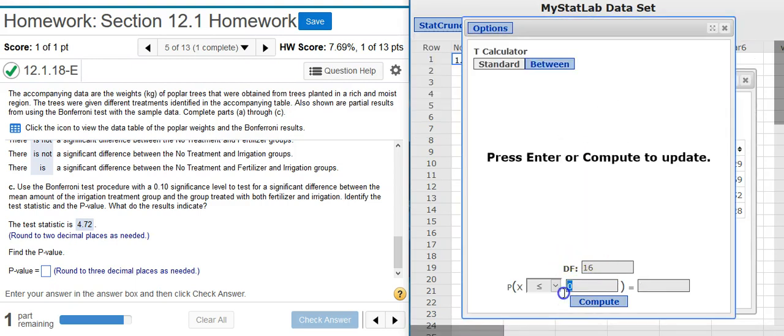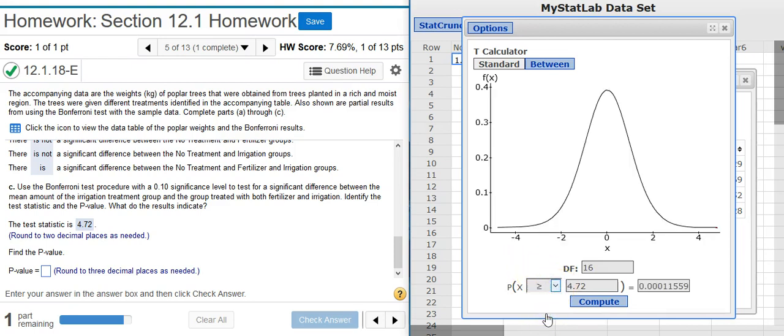And then for my test statistic, I'm going to actually put that in here for what I calculated previously. Notice here I can make it less than, or I can make it greater than. That actually works too. So here I've got 1 tail, but since it's 2-tailed, I've got the same area on the other side of my distribution.